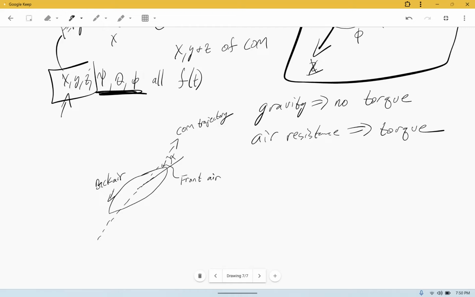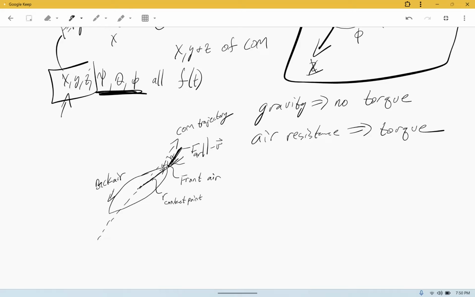So all I'm going to say is that if I can figure out how fast it's going, I'm going to have a force right here, a force of air resistance that is parallel to minus the velocity. And I'm going to say there's some r out to the contact point.